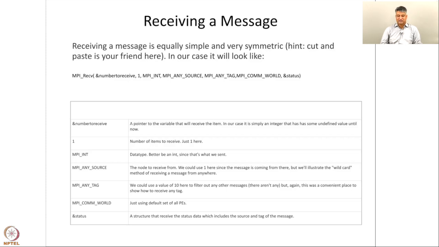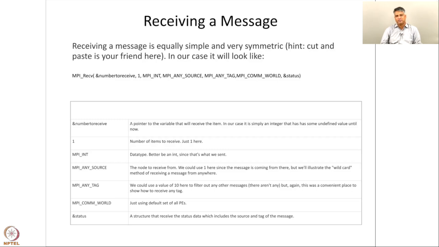This depends on the construction of your algorithm, and when we look at some advanced programs, we will see how this is useful. But for a simple program like this, I can say I don't care where I receive the message from, as long as it's coming from some source in my communication world, I'm ready to take it. So I'll take the message from any source, and that's done by the tag MPI any source.